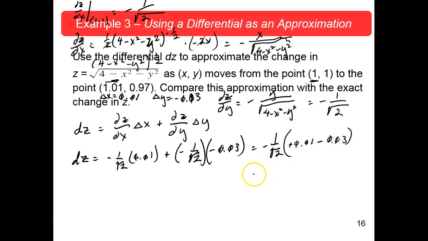So this would be minus 1 over root 2 times minus 0.02. Now I'm sure you can write that in some neater way, but that's how they do it. Wait, a minus and a minus will make it plus. Sorry, forgot to do that.